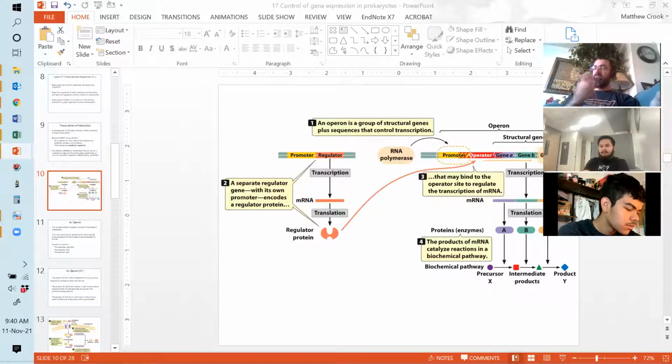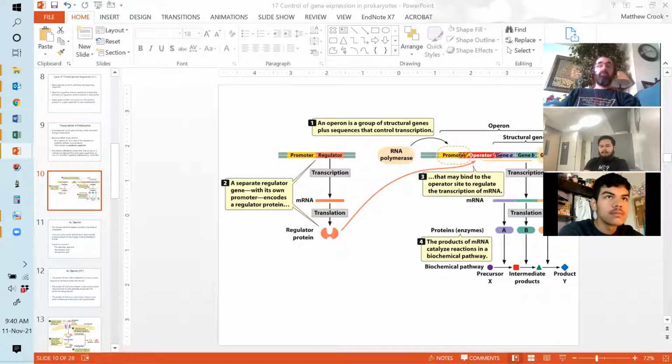So it's essentially the two sides of the same coin. They're opposites, really. And you always have to keep in mind the context of what's going on. Like, what is the need for the output of this particular operon? Okay, anybody got any questions?